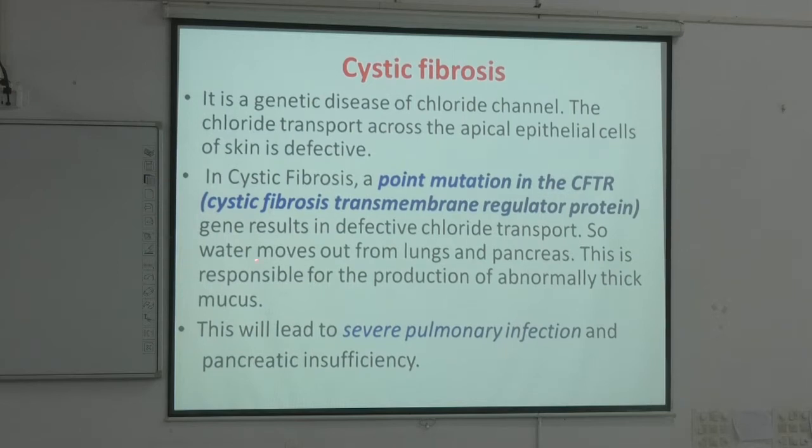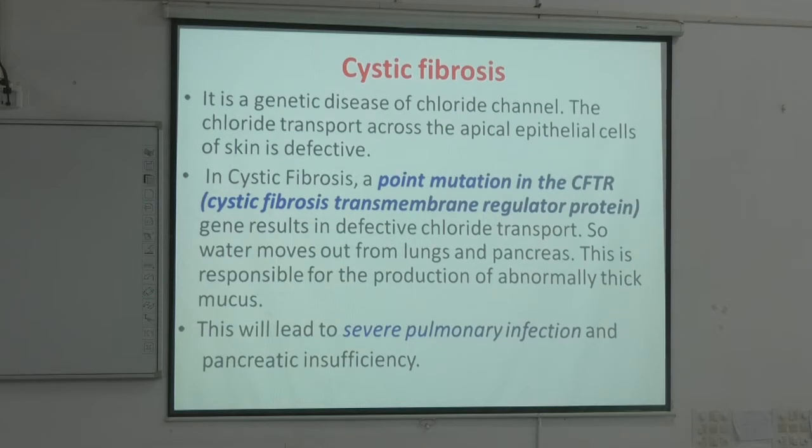As a result, water moves out from the lungs and pancreas, and abnormally thick mucus is produced. Why? Because water is not there, more water is expelled. Due to that thick mucus, severe pulmonary infection occurs.